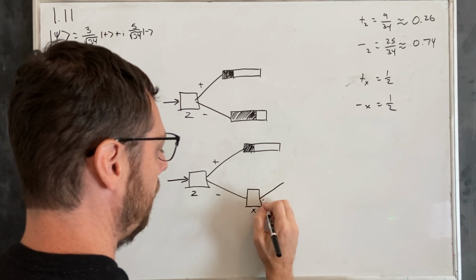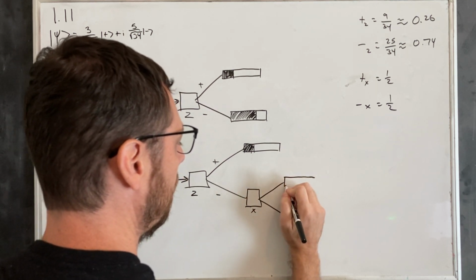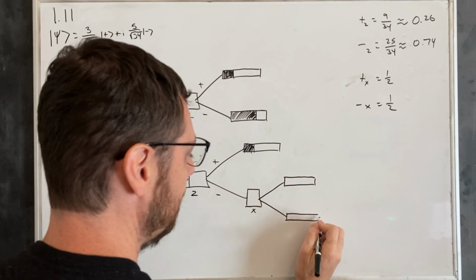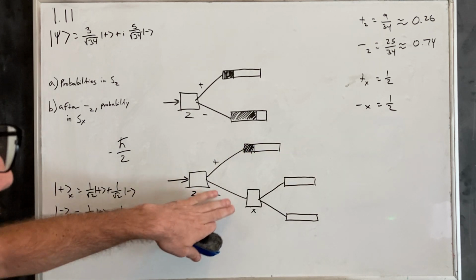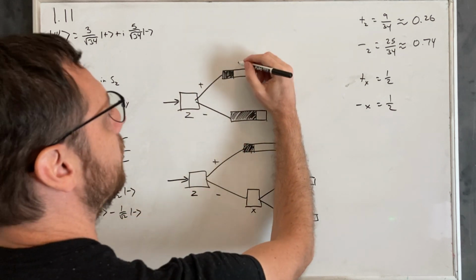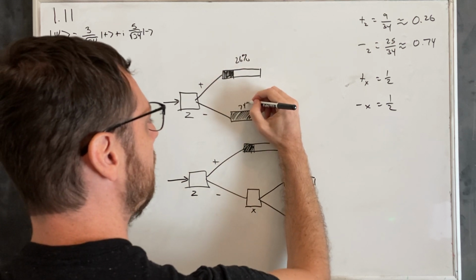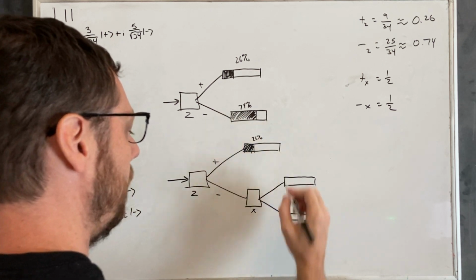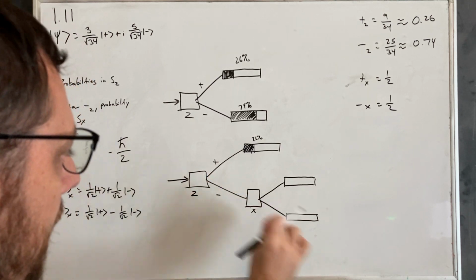And from there, we get half and half. So we know that 26% already went over here, and then 74% went over here. I'll write these numbers here. So this is 26%. This is 74%. This is 26% again. It didn't change. And then this is going to be half of that 74% that came in here.